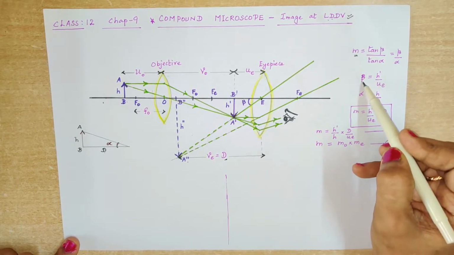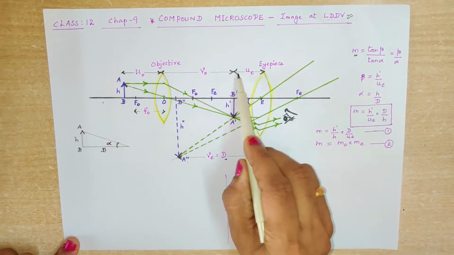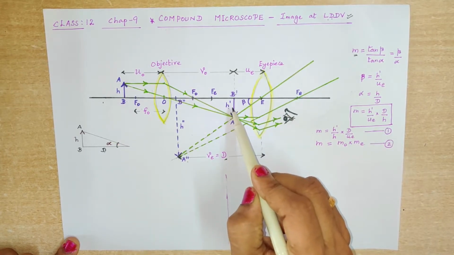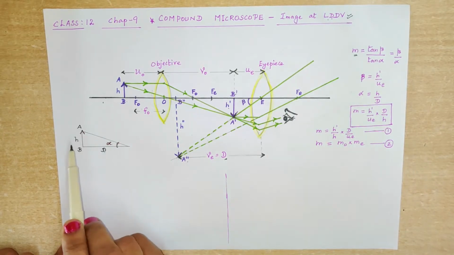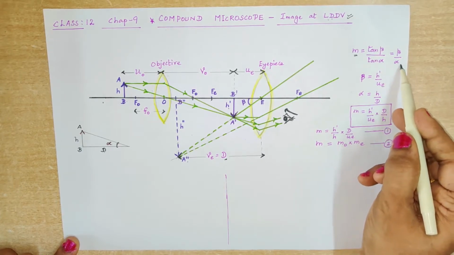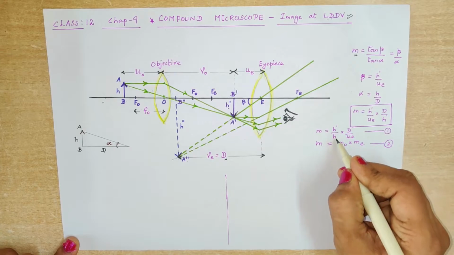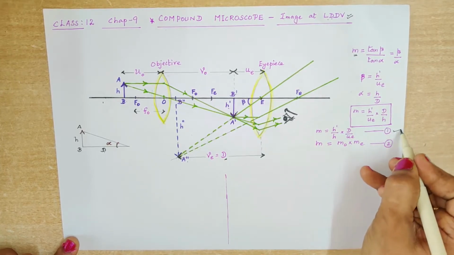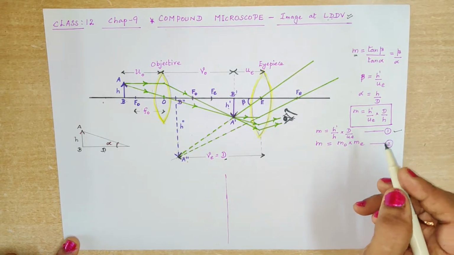Tan beta is equal to H' upon UE, where UE is the position of the object for the eyepiece and H' is nothing but A'B'. Similarly for alpha, you have H by D. When you substitute this in the formula beta by alpha, you get H' by H multiplied by D upon UE. This is equation number 1.